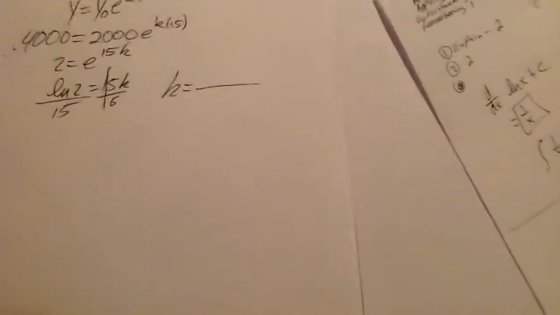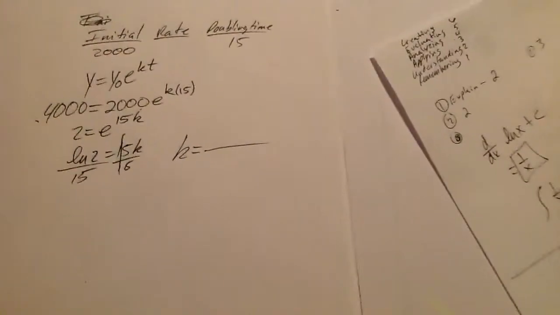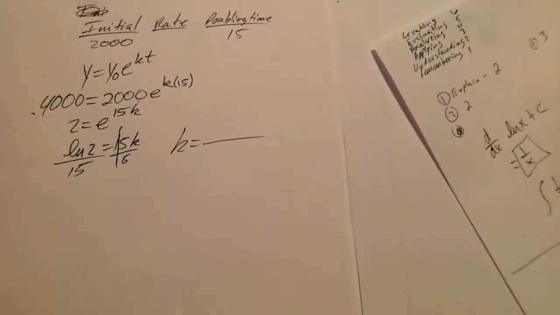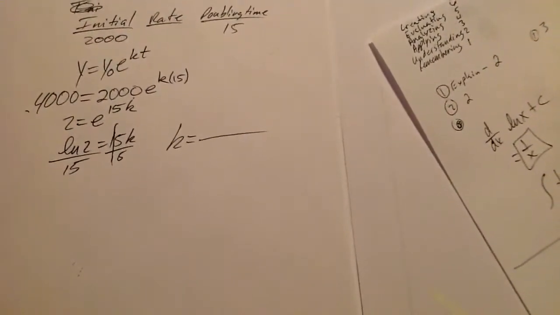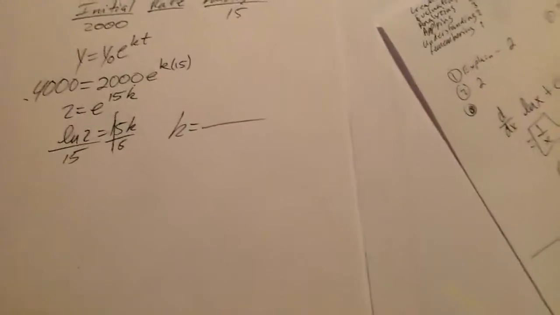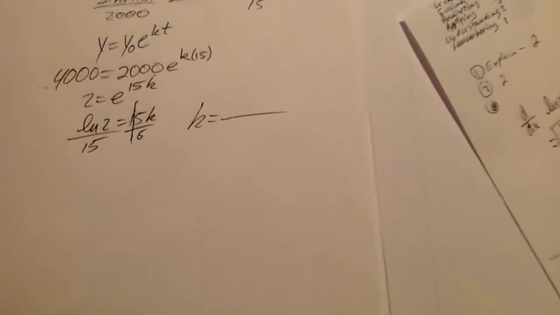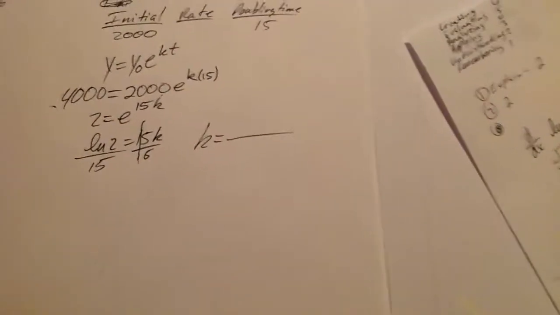And your homework though, on number either 19 or 20, whichever one I assigned, 19, it says find the amount of time required for a $2,000 investment to double. Well, and then it says A, annually, B, monthly, C, quarterly, and D, continuously.